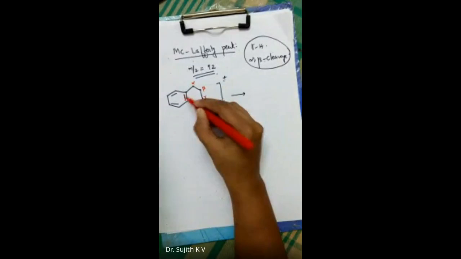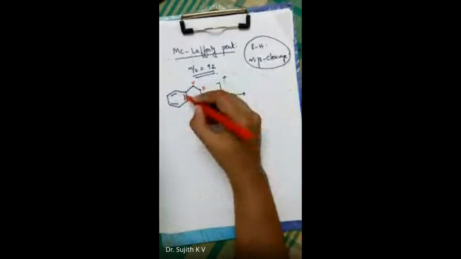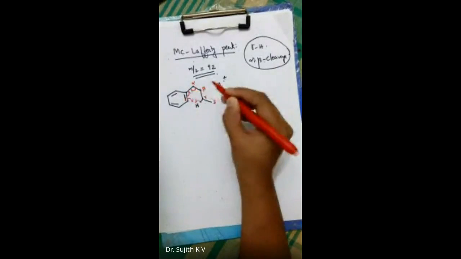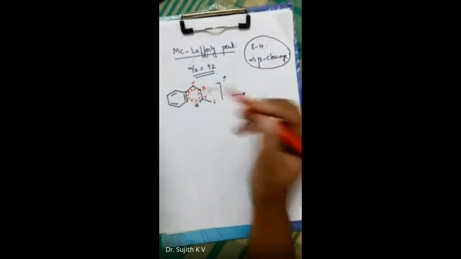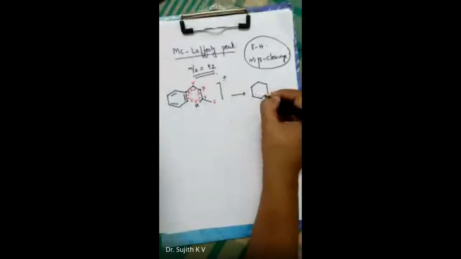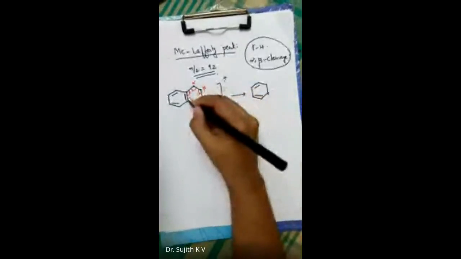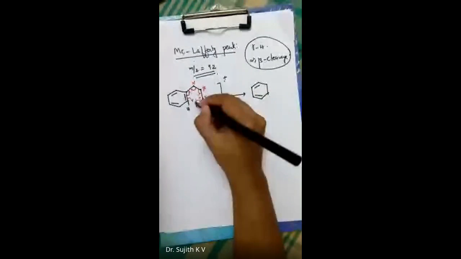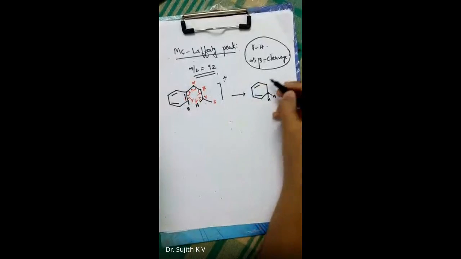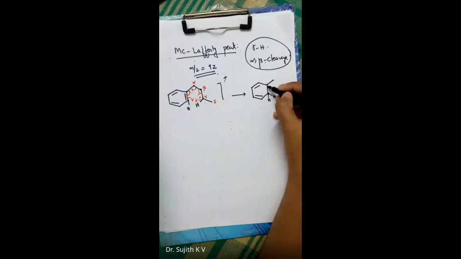So this double bond abstracts this gamma hydrogen. Here a bond is formed like this, and here this alpha beta bond is cleaved like this, and the resultant species obtained is here. There was one hydrogen initially and one more hydrogen got attached. So here you can show it like this, and the bond with alpha has become a double bond.